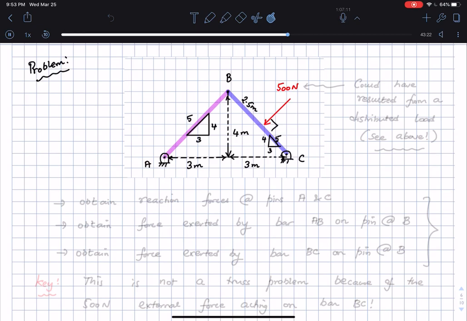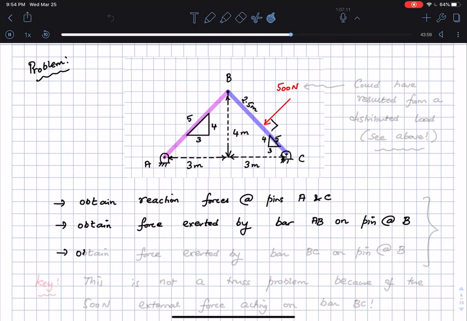What are the things that we need to do? Obtain the reactions at pins A and C, and then obtain the force exerted by the bar AB on the pin at B. This is something new.